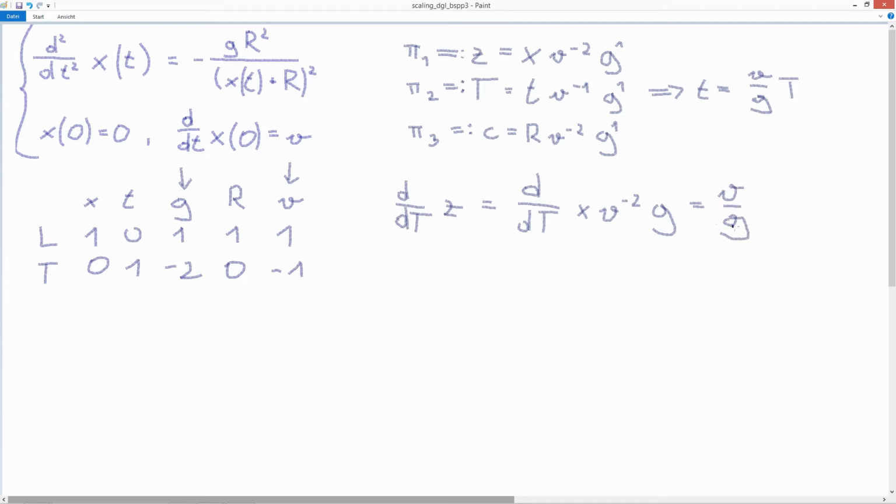So this here is, when we differentiate small t with respect to capital T, we get this here.